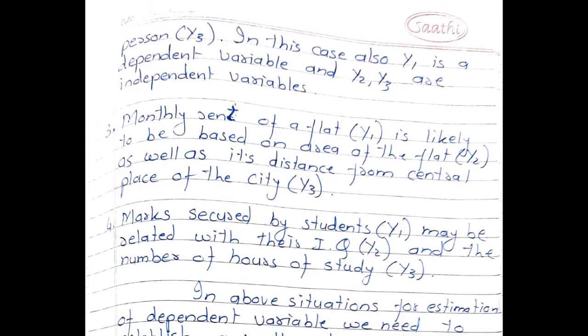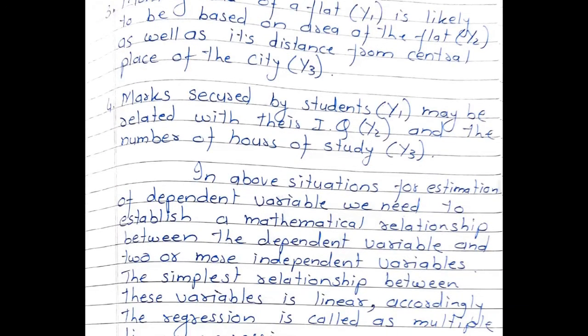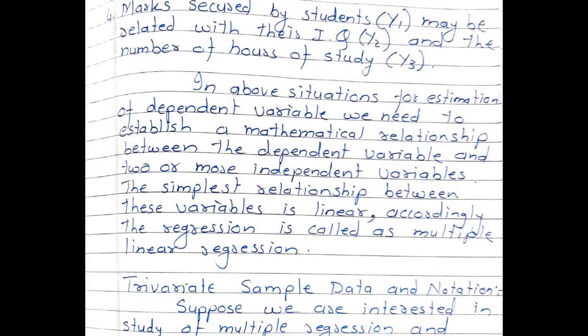In the above situations, for estimation of the dependent variable, we need to establish a mathematical relationship between the dependent variable and two or more independent variables. The simplest relationship between these variables is linear. Accordingly, the regression is called multiple linear regression.